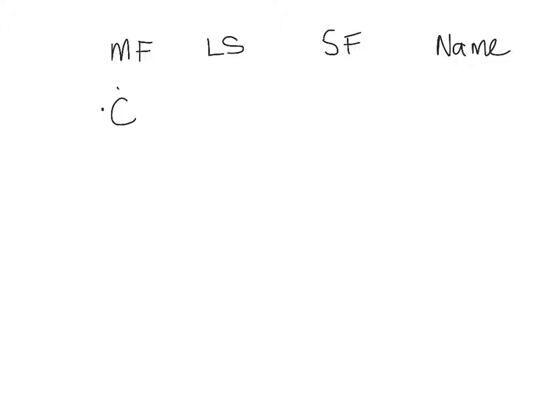Carbon has 4 valence electrons. Hydrogen brings 1. So in this case, each hydrogen now has access to 2 electrons, so it's happy.